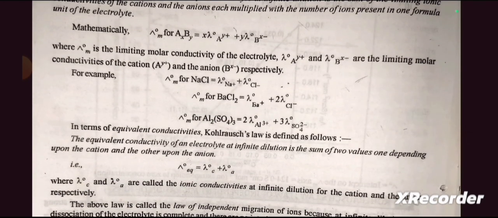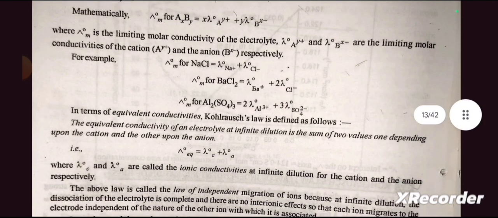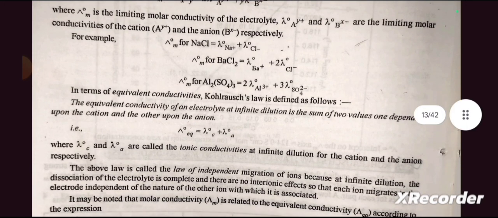Mathematically, lambda naught m for AxBy is equal to x lambda naught A(y+) plus y lambda naught B(x-), where lambda naught m is the limiting molar conductivity of the electrolyte, and lambda naught A(y+) and lambda naught B(x-) are the limiting molar conductivities of the cation A(y+) and the anion B(x-) respectively.